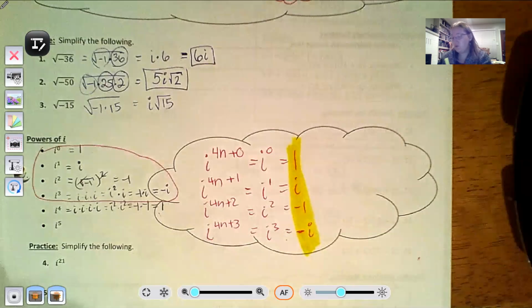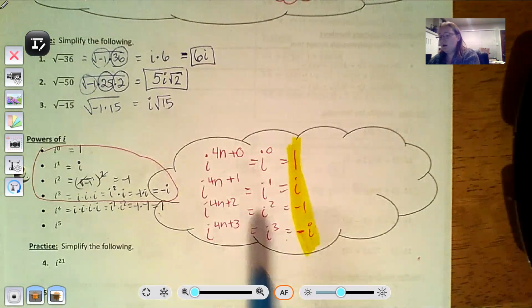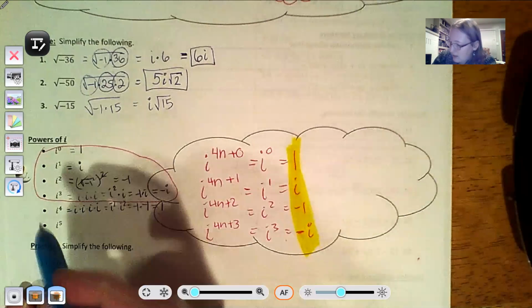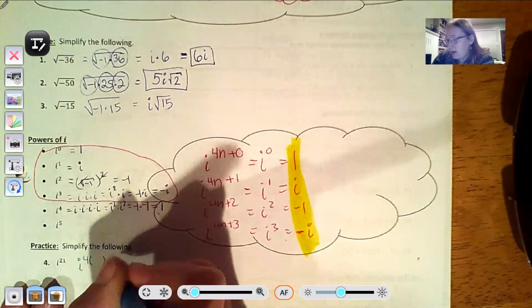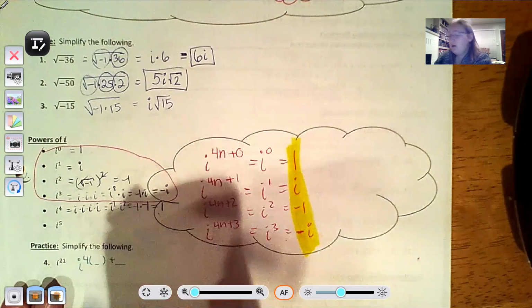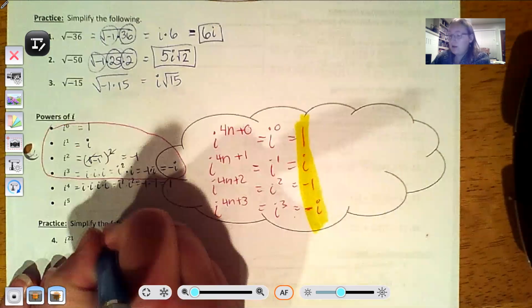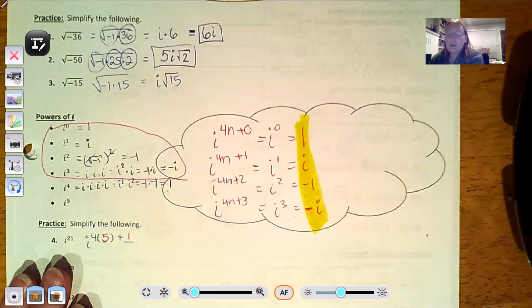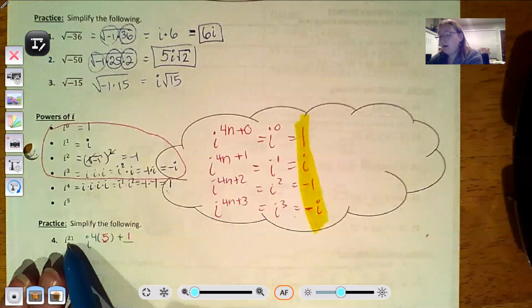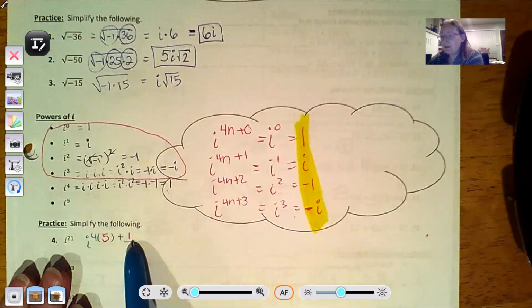And the trick to this is you could do it like this and say, well, 21 is 4 times what plus what? And you could say, well, 4 times 5, and then I need to add 1. So in other words, you can divide by 4 and see what your remainder is.